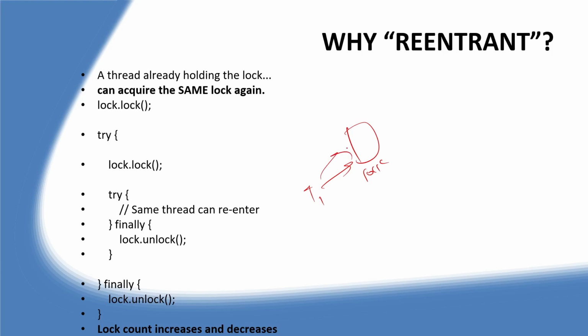That is reentrant. So the lock keeps track of how many times the thread has acquired it. The lock method will keep track of how many times this thread has acquired this lock, and the thread must then release it the corresponding number of times. If it is acquired two times, it should release the lock two times also.